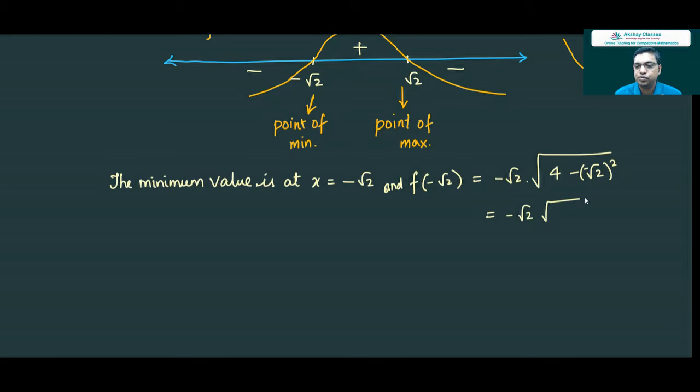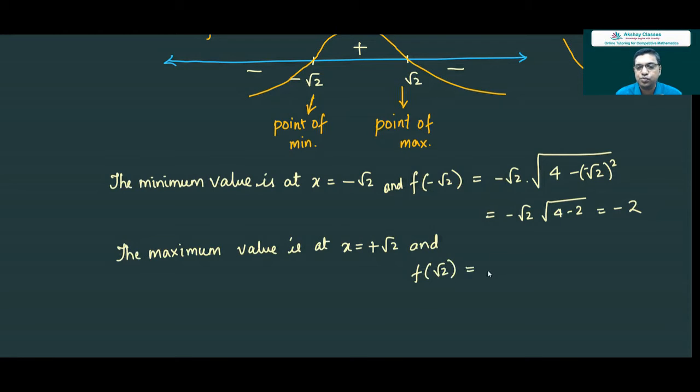Minus 2 into 4 minus 2. So minus 2. The maximum value is at x equal to plus under root 2, and f of under root 2 is x into under root of 4 minus x square. This is the maximum. Clear?